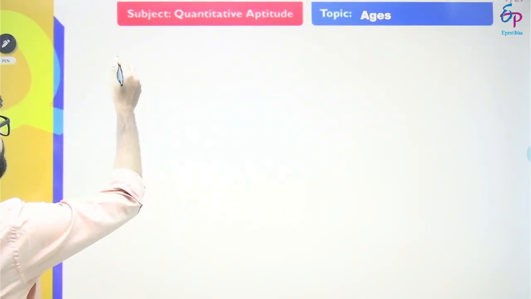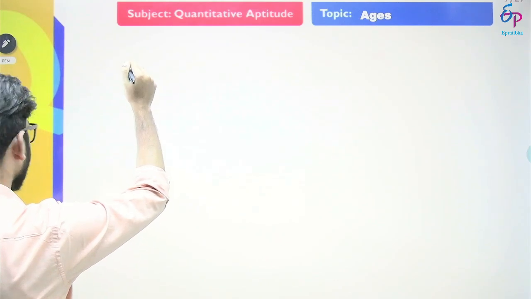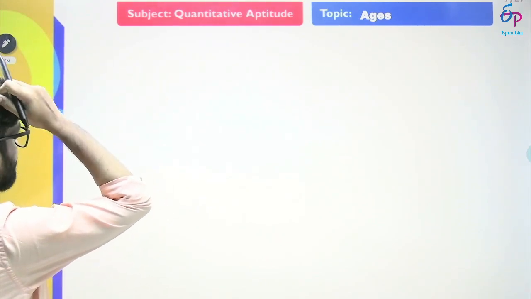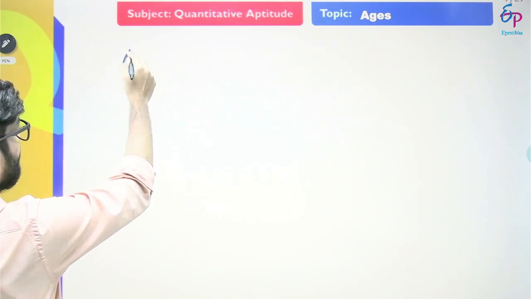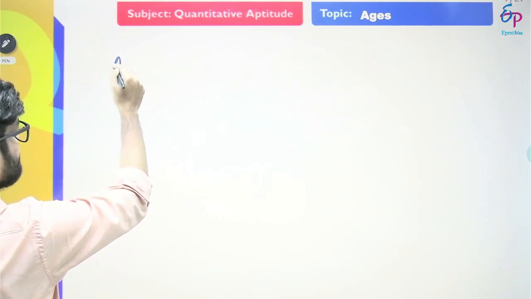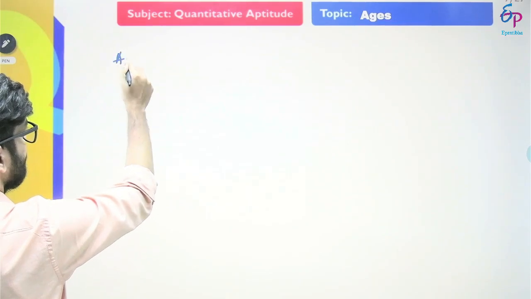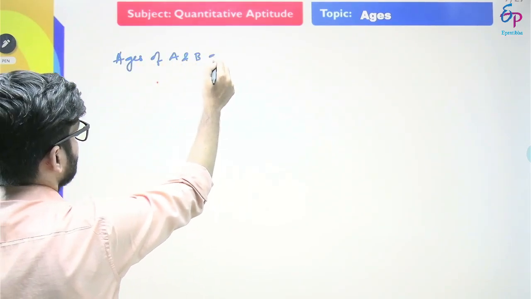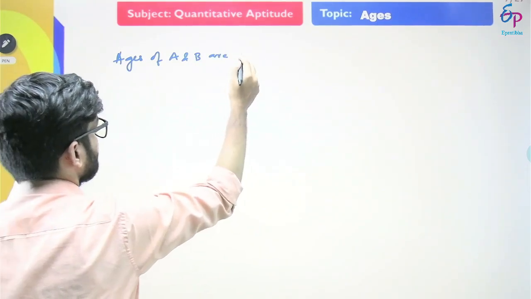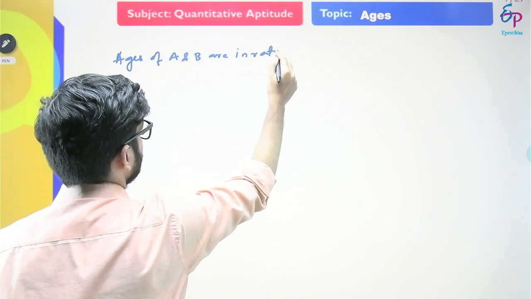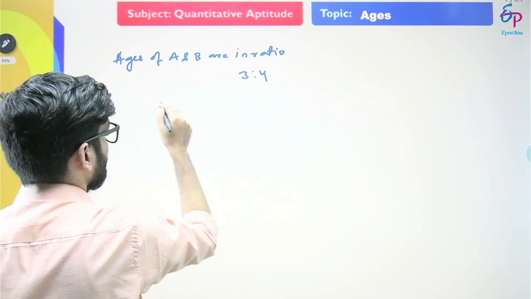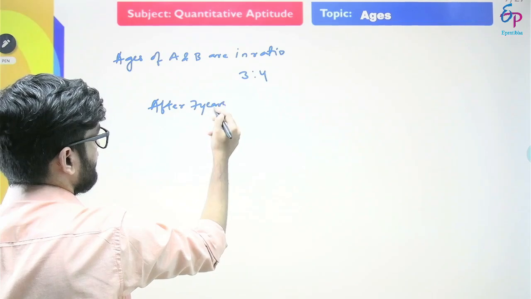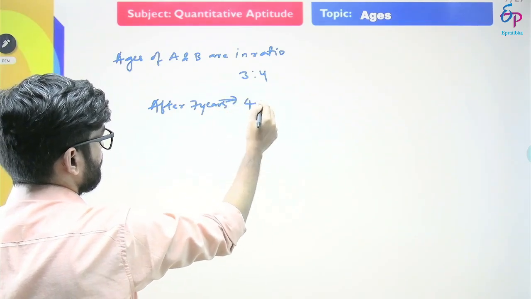See here, if I tell you the ages of A and B are in the ratio 3:4, after 7 years ages will become 4:5.